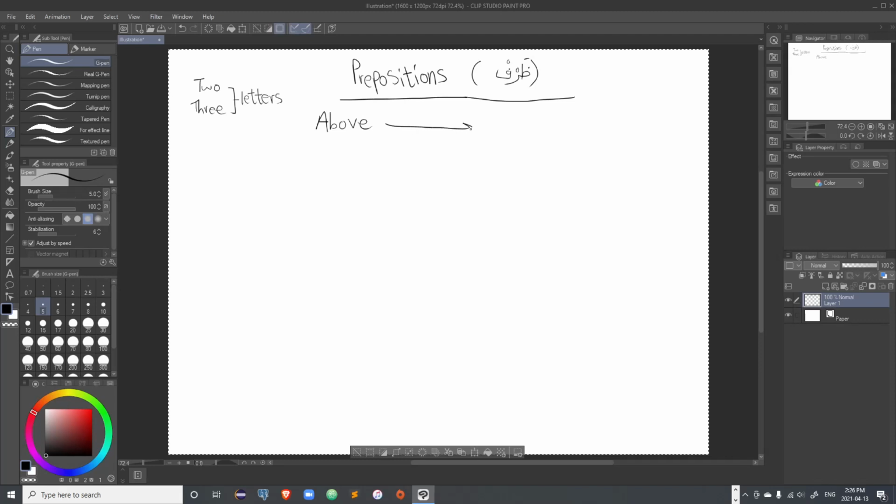Above means فوق. فوق. Then we will go below or beneath.